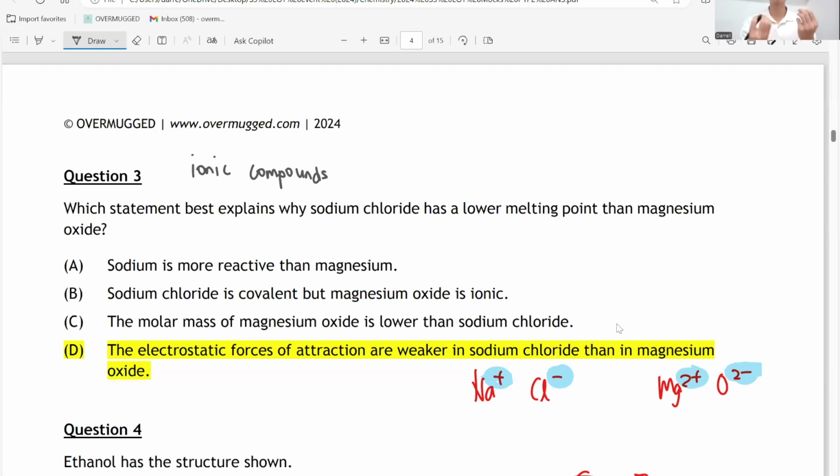It's based on the charge of your ions. Therefore, why does sodium chloride have a lower melting point? Because the electrostatic force of attraction is weaker. Because Na is between plus and minus, while Mg is between 2 plus and 2 minus. Okay, so this is a comparison between two ionic compounds.